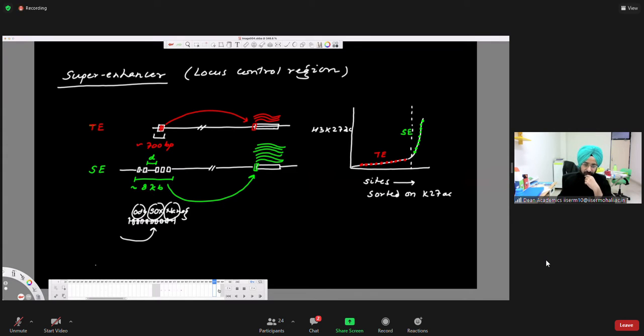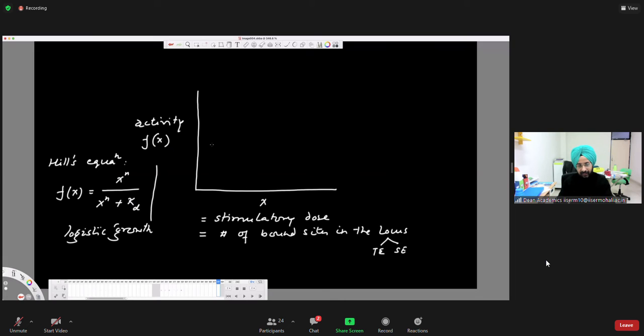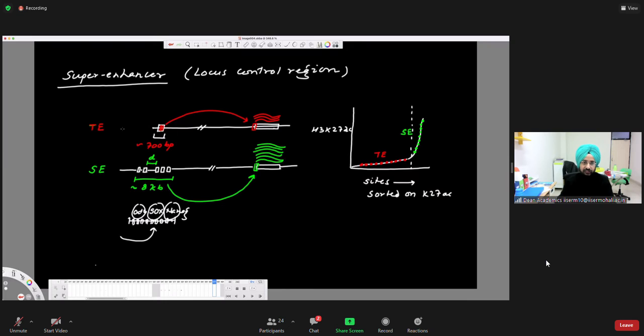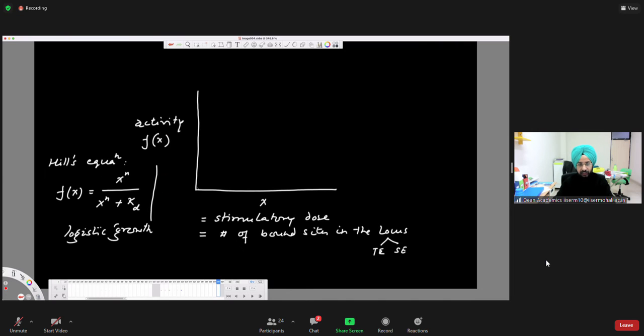So in the case of a normal, typical enhancer, I take the red color now, the activation of the target gene will follow the typical curve, which is like this, and it reaches the steady state.